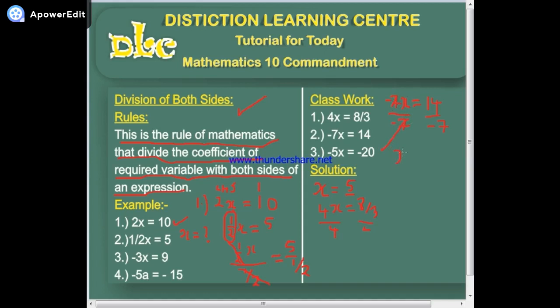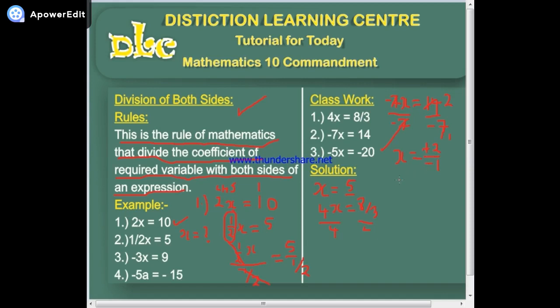So, what will now remain? It will remain x equal to, so 7 here 1, 7 here 2. So that means we have what? Plus 2 over minus 1. So that is plus divided by minus.